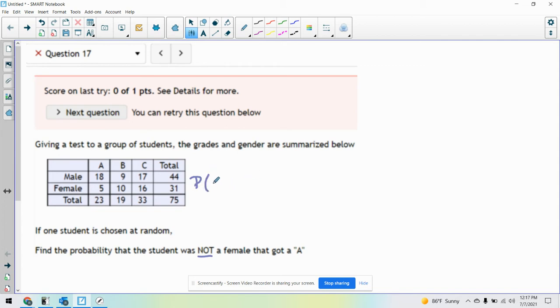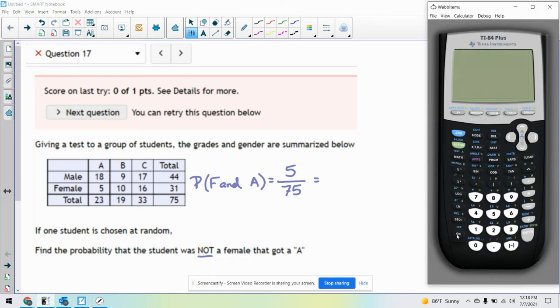Probability of female and A. Well, of the total group, there's 75 people total. How many of them were females who got an A? Well, here's the A's, here's the females, so there's just 5. So 5 of 75. You can reduce that if you want in your head, or you can use the calculator.